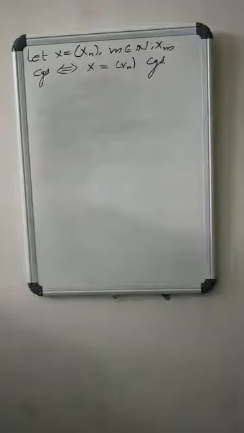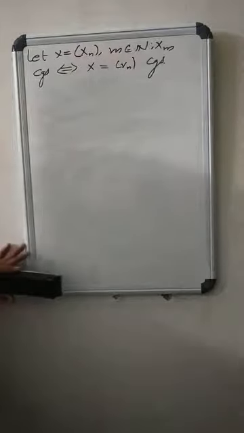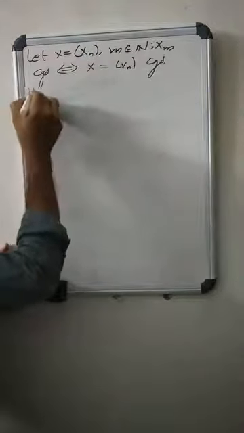That is, the limit of xm equals the limit of x. So how? Its proof is in this way.